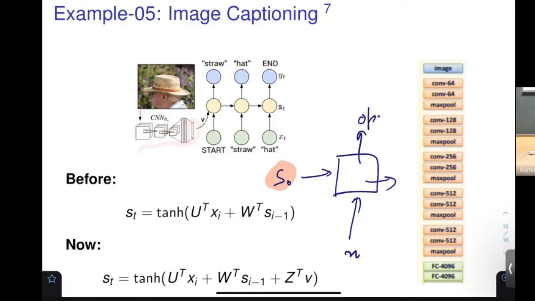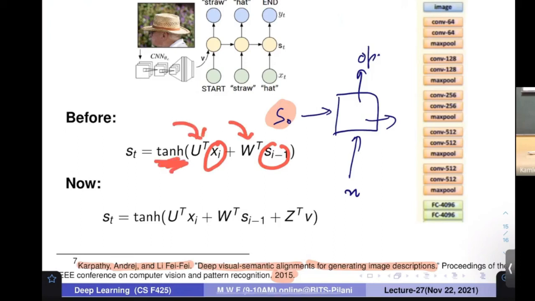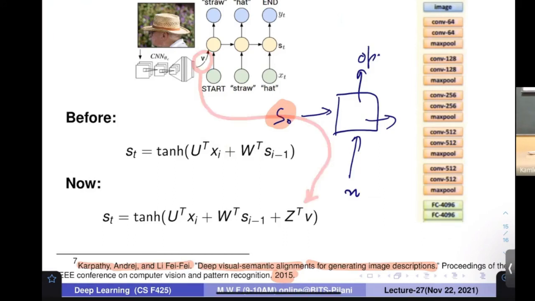They said, why not use this feature inside your computation step. Earlier, how did you find the state? The state depends on the input and the earlier state, multiplied with the related weights, with tanh or any activation function applied. Now I am saying to use this value also inside this formula.